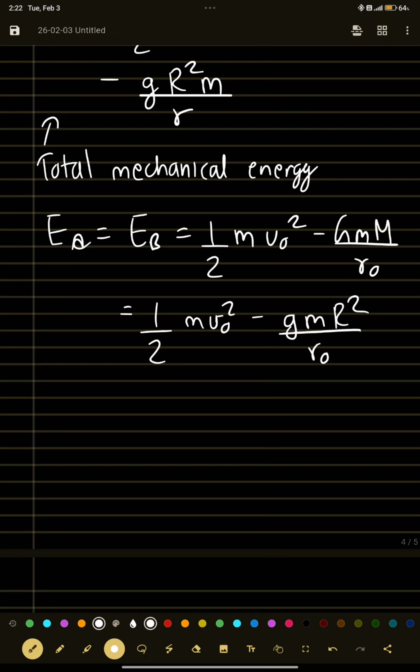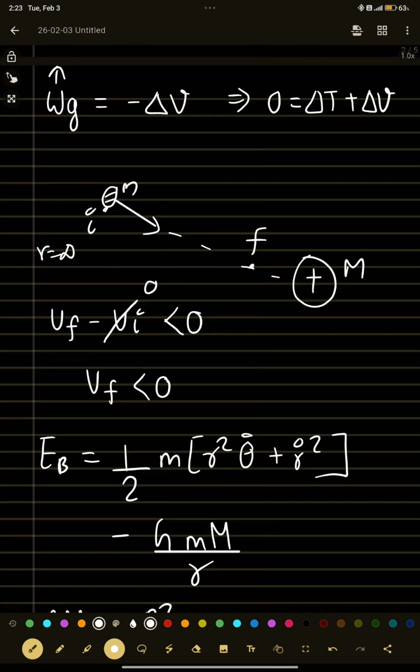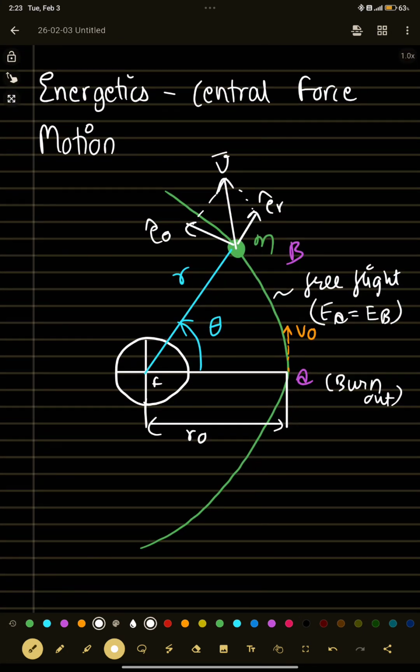I want to ask you, what is r dot equal to at point B? Here this V is tangent to the trajectory and it is having components along theta and along r.